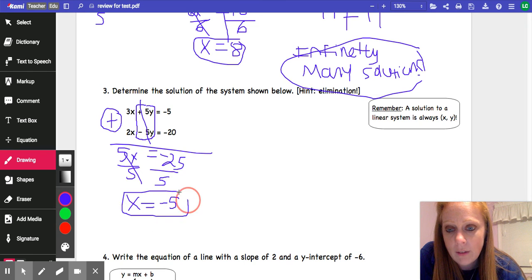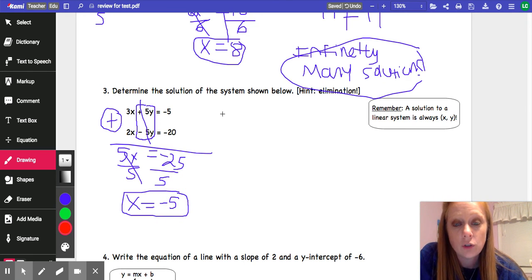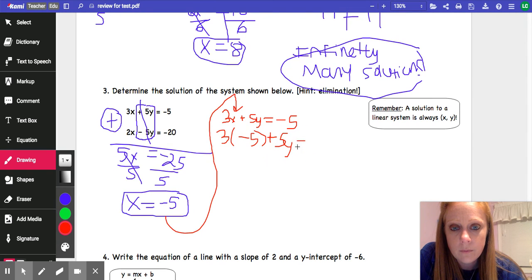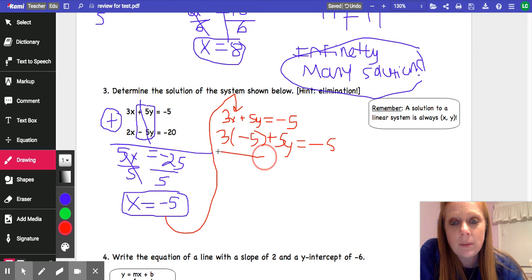But if you remember from solving systems, we are not done. Once you find x, you need to find y. Your solution is x comma y. So I'm going to rewrite one of the originals. And I'm going to take this -5 and plug it in for x because we say that x equals it. And then we can solve for y. So 3 times negative 5 is negative 15.